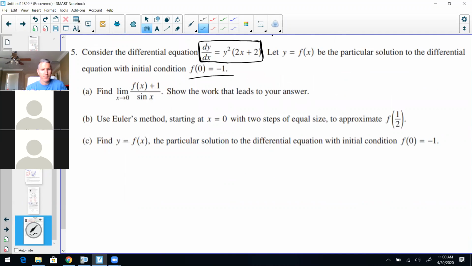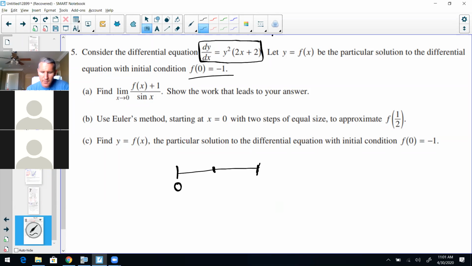If I had to do an Euler's method problem with 3, 4, 5 steps, I would use that method that I showed you using my calculator. For this, you're only doing 2 steps. It shouldn't be that complicated. At x equals 0, they give me that y is -1.